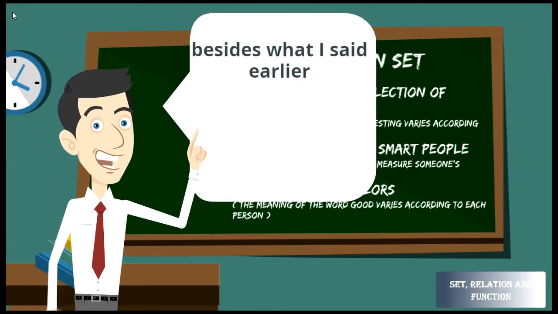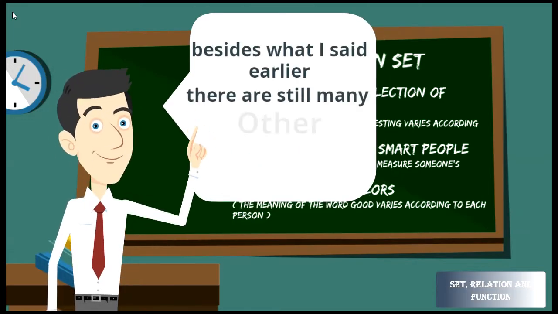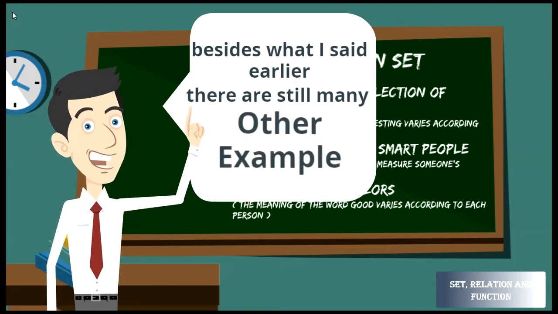Besides what I said earlier, there are still many other examples of set and non-set. After you study the definition of set, examples of set, and examples of non-set, your teacher may give you a question.